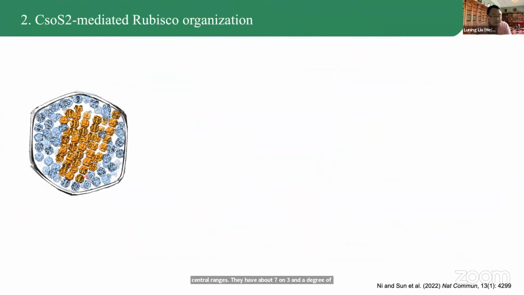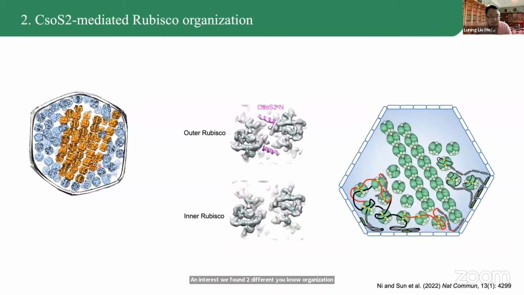And we found two different organizations of the carboxysome Rubisco. So we further looked into the details and identified extra densities around Rubisco at the outer layer of the Rubisco regions. This extra density hasn't been identified in the inner Rubisco regions.